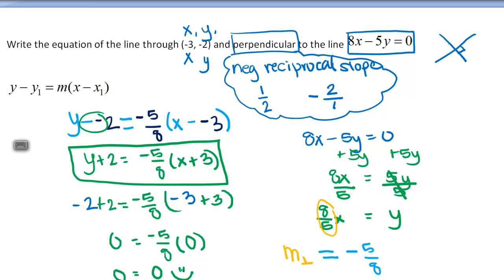The reason I'm happy is that 0 equals 0 means that my point is on this line, with the perpendicular slope from my original slope. So there you go. Now you can find the perpendicular of a line given a point and an equation. Again, perpendicular is the negative reciprocal slope.